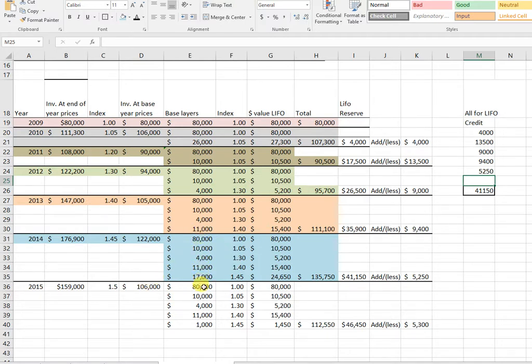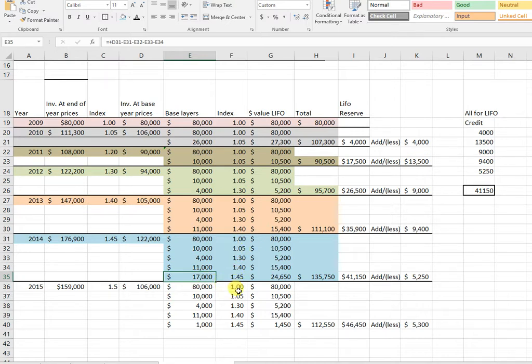So I have 80, 10 is 90, that's 94, 11 is 105, and so I have $1,000 of this $11,000. I move into this one. I don't have enough for that one, so I have 1,000 of the 17,000. So I've sold off 16,000 of that layer.